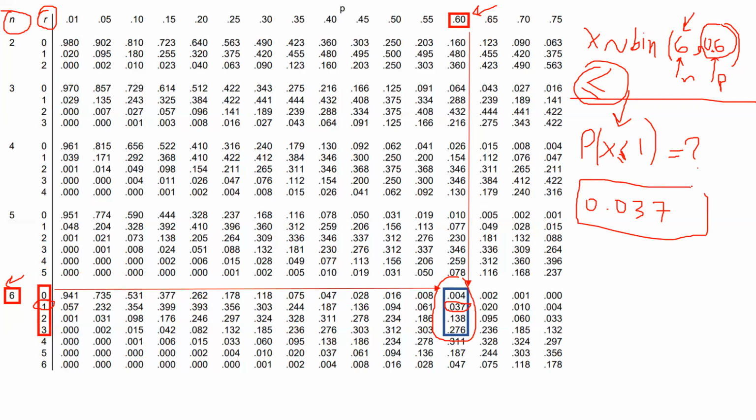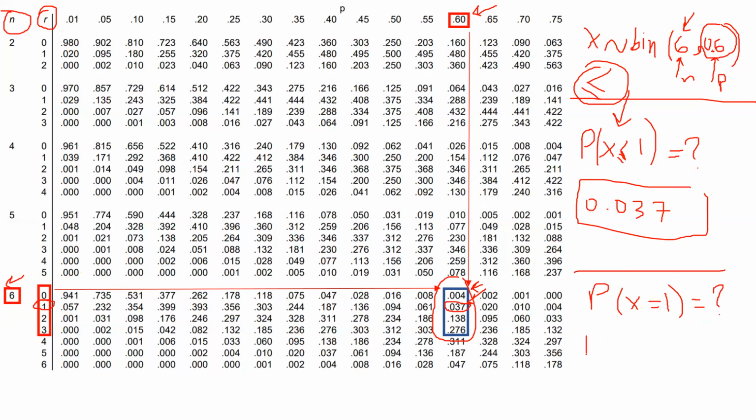Usually it needs practice because some students by mistake get the summation of these two. And when we have, for example, x equal to 1 and we are looking for this value, as I said, everything should be in the format of less than or equal.